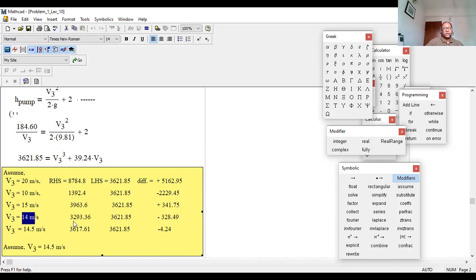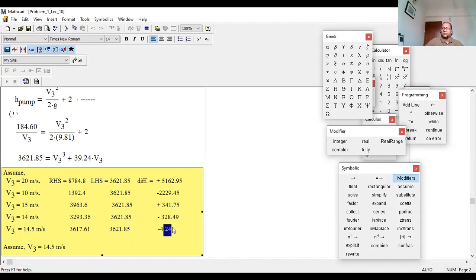So when I put 14, this is my right side, this is my left side. It is coming less, 3.28. So what does it mean? I need to increase this value a little bit more than 14. So I put 14.5. This is my right side, this is my left side. The difference is 4.24.